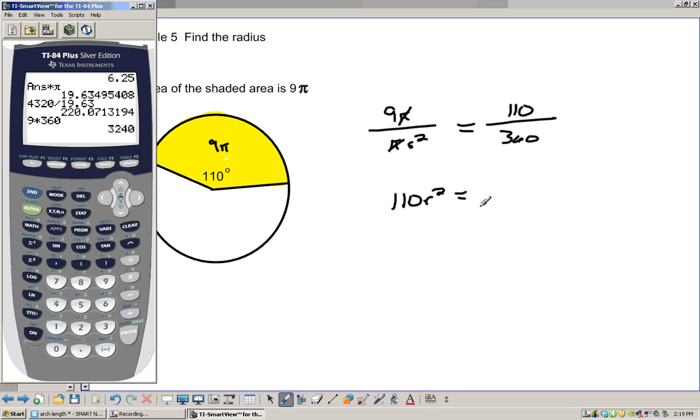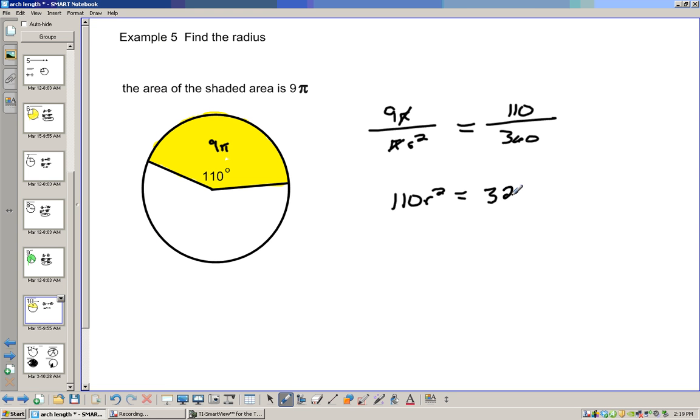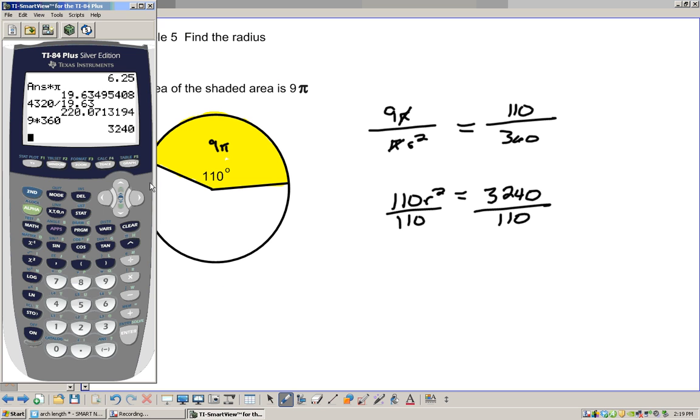Then I divide by 110. Let me take that and divide by 110, hit enter, and I get this number. That's going to round off to 29.45. So I'd have r squared equals 29.45.